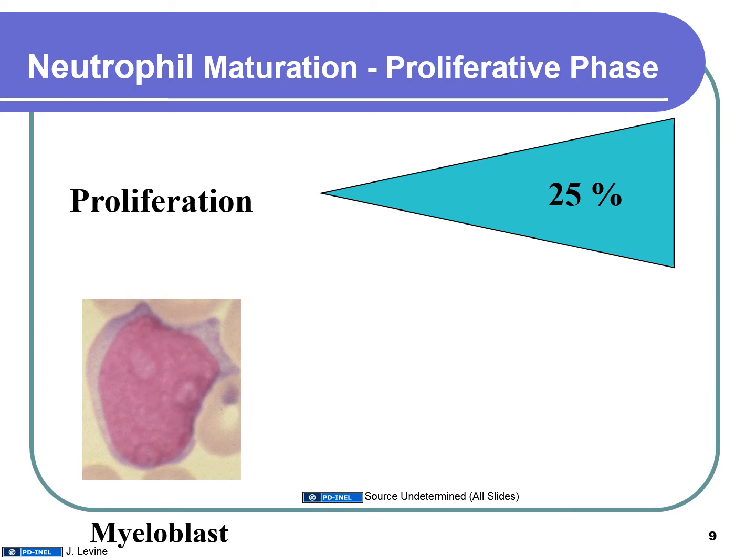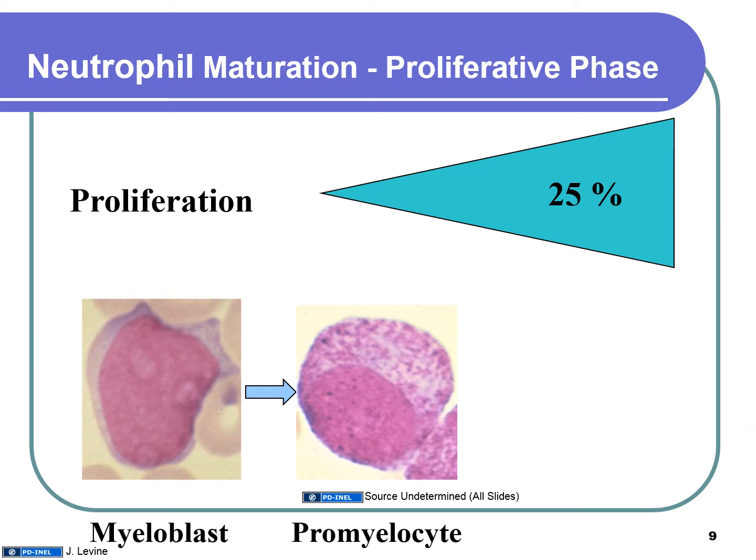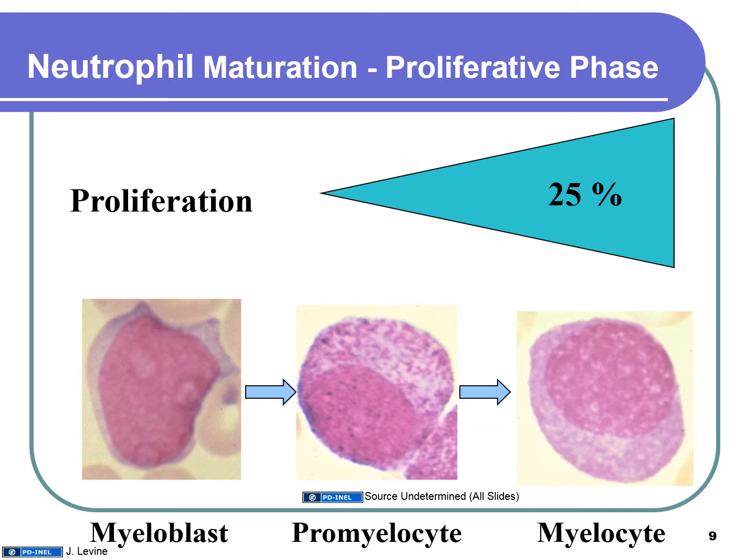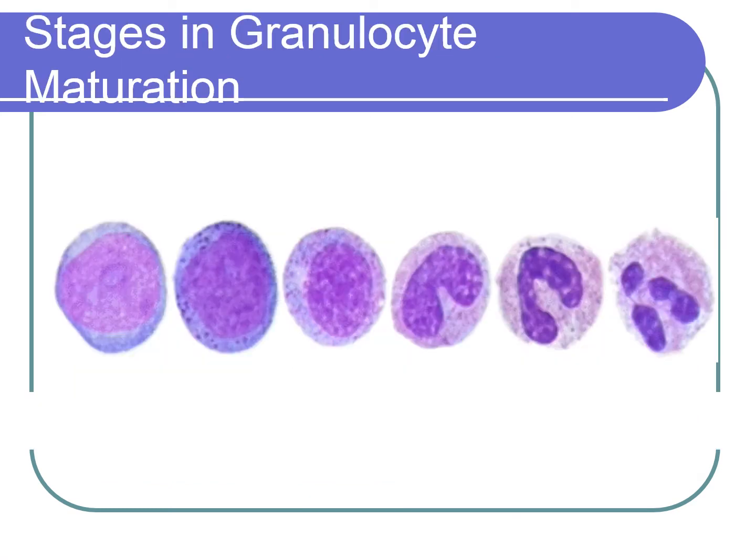The proliferation starts from the early precursors of the myeloid series, which we call the myeloblast, and then goes through a more mature stage, which we call the promyelocyte, and then to a more mature stage, which we call the myelocyte. These are the different stages of granulocyte maturation, ranging from the myeloblastic stage up to the most mature form that we see in the peripheral circulation of a normal person, which we call the neutrophil or polymorph neutrophil.